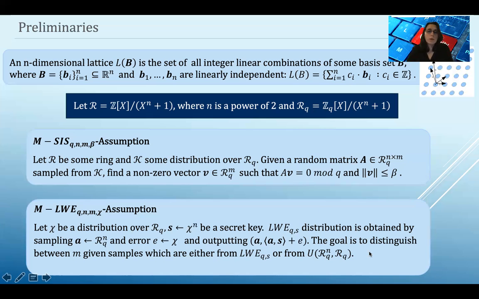Then the LWE distribution is obtained by sampling an n-dimensional vector A and error E and outputting a tuple where the first component consists of A and the second component is the inner product of A and S plus E. So the problem is to distinguish between m given samples, which are either from the LWE distribution or from a uniform distribution.